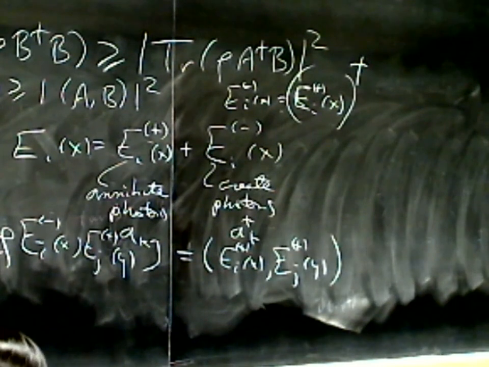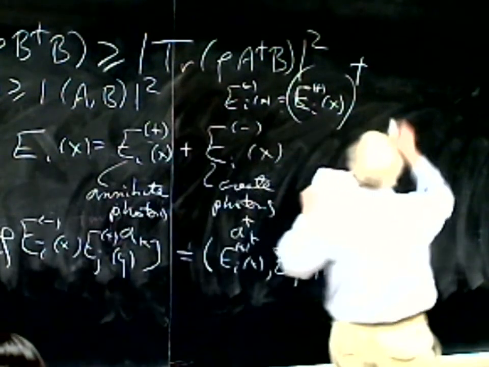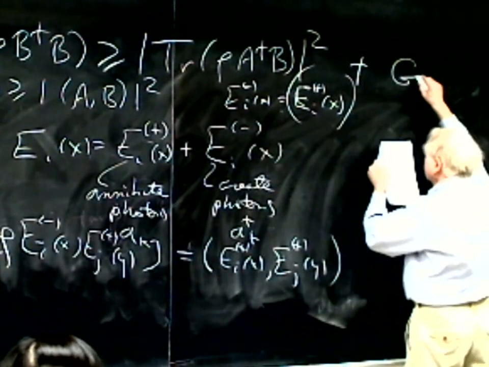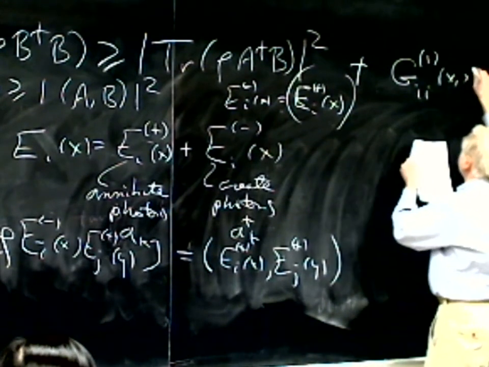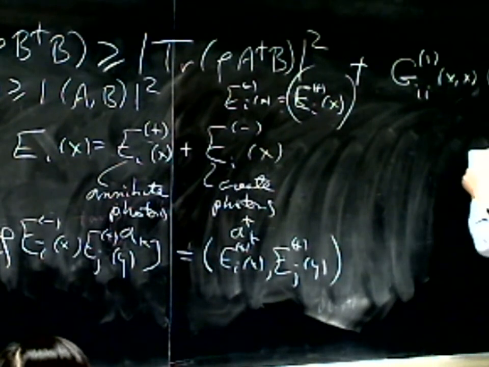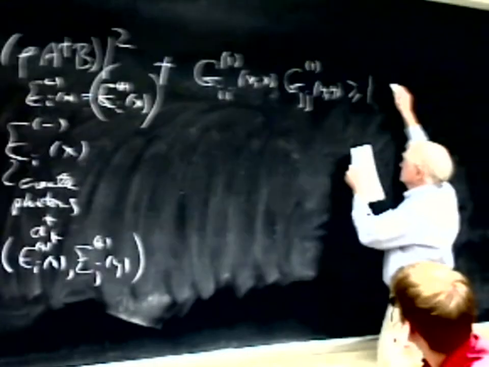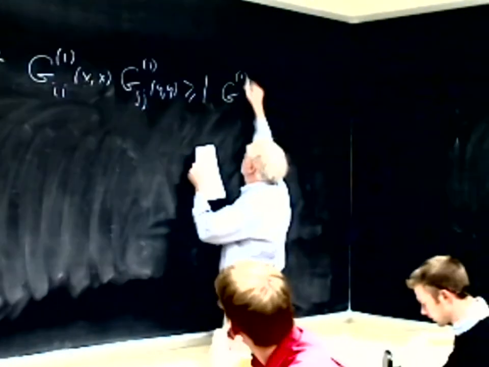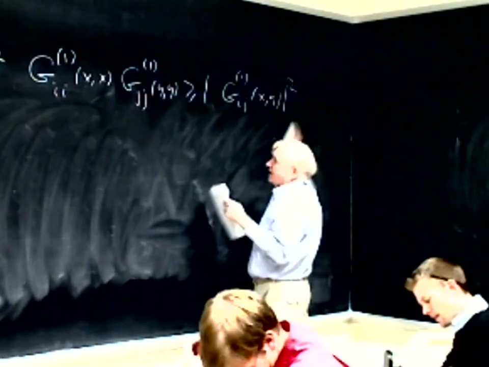And so this relation here tells you that G^(1)_ii at xx times the first order correlation of jj at yy is greater than or equal to G^(1)_ij at xy squared.